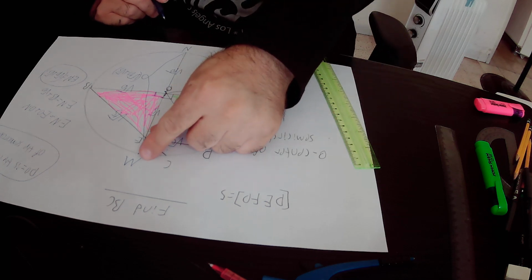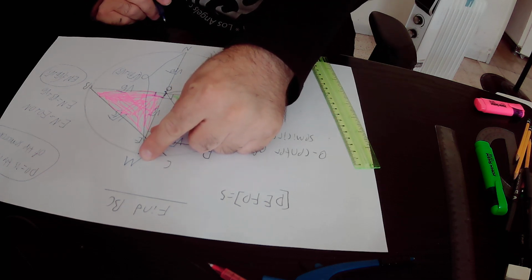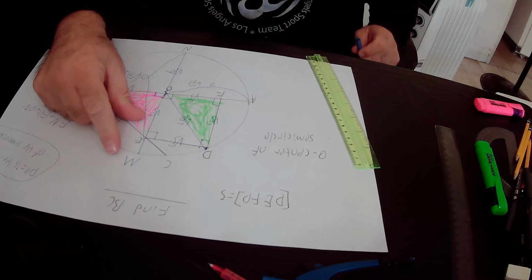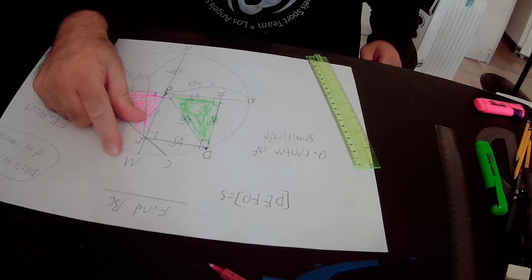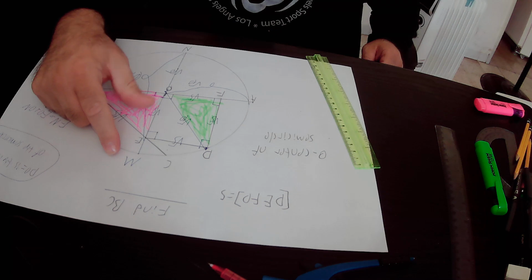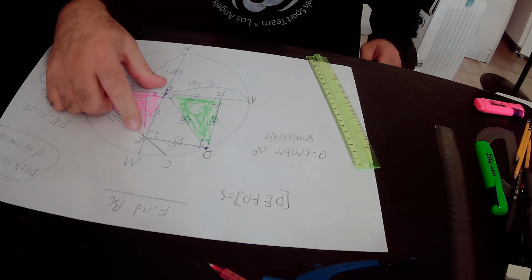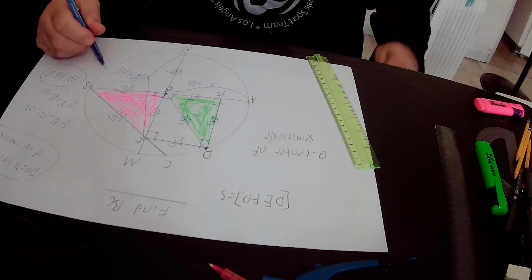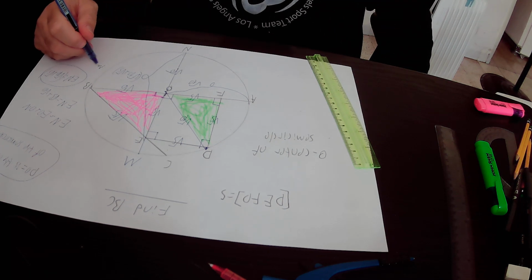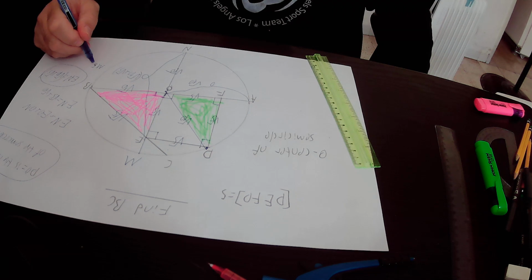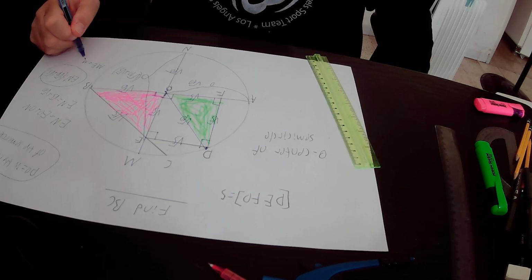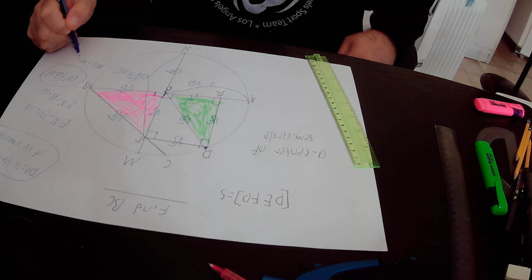What is the length of line segment ME? It is very easy to see from the drawing that ME equals MO minus EO. I write it down. The length of line segment ME equals MO minus EO.